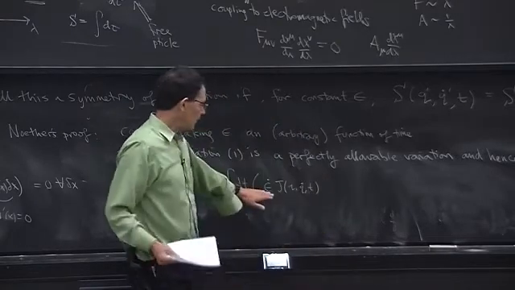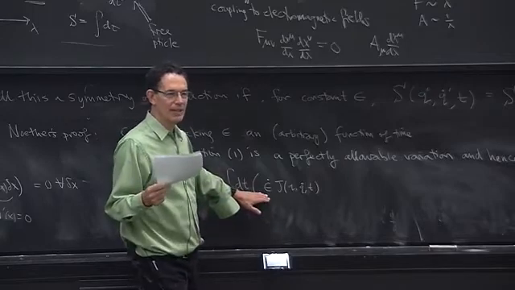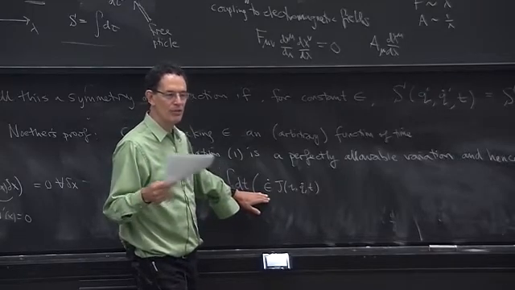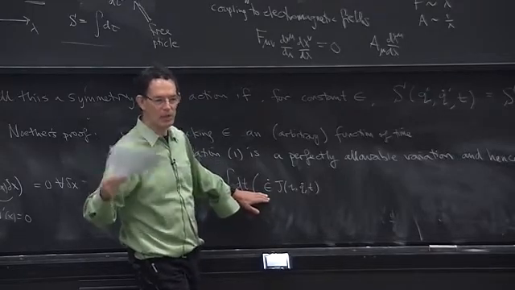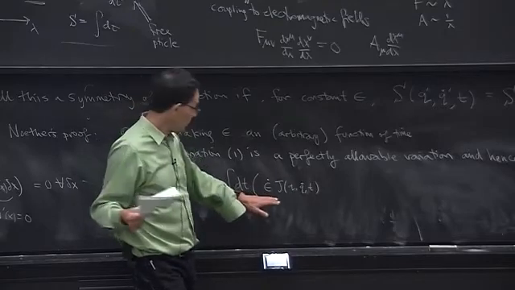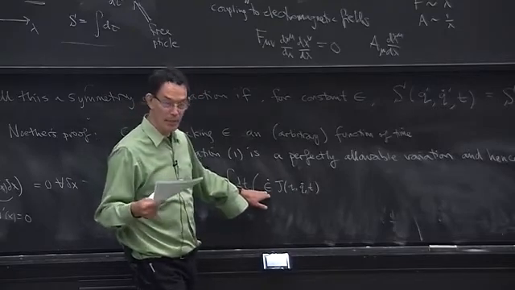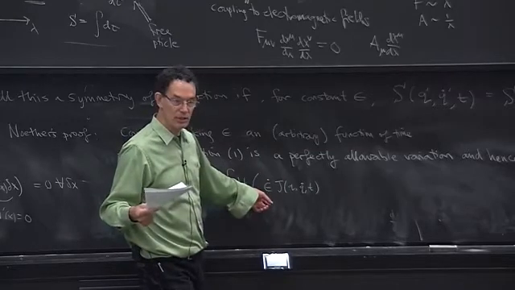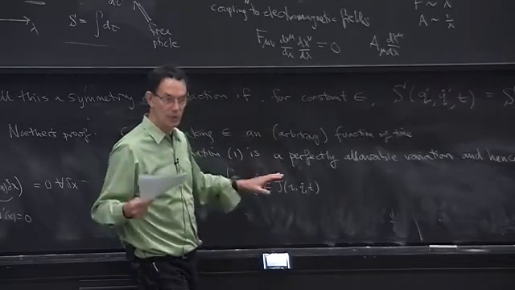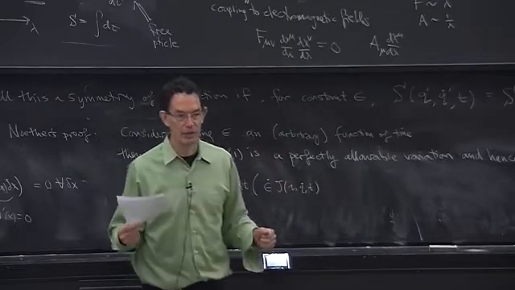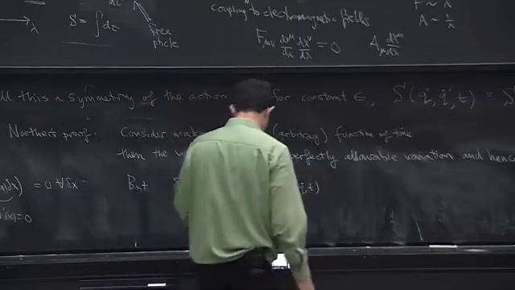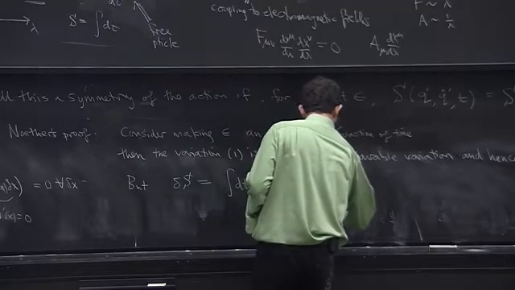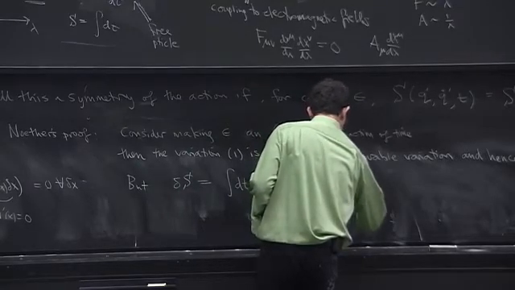This is perfectly fine. I'm only interested in things to first order in epsilon. What could I possibly get to first order in epsilon? Well, I could get this, because if epsilon were a constant, this term would vanish. So that's consistent with this being a symmetry of the action. And the slightly more subtle one is I could get this too.